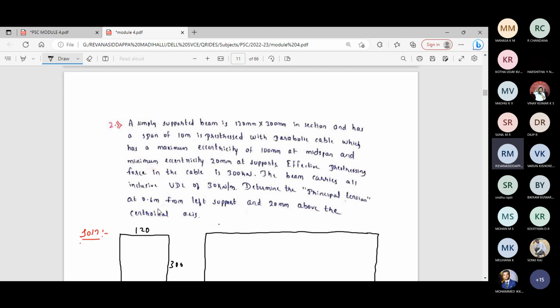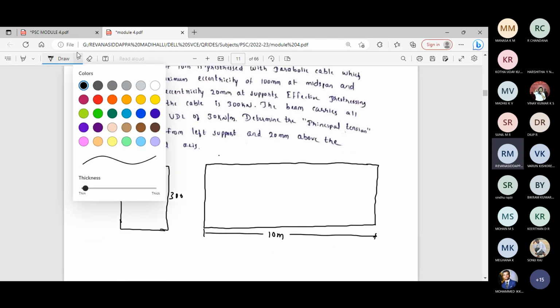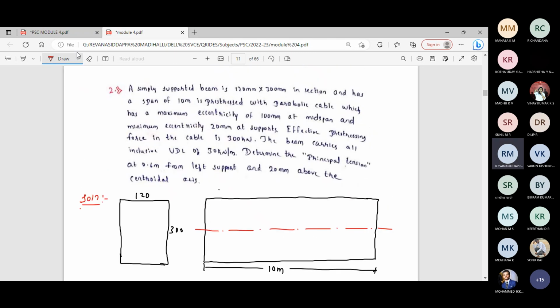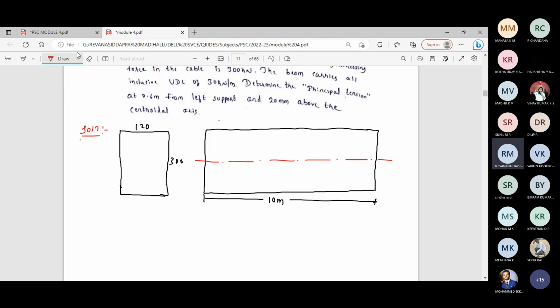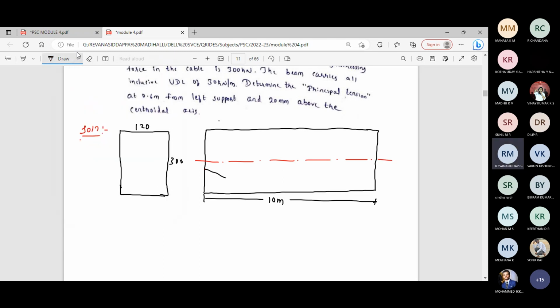It is pre-stressed by a parabolic cable which has a maximum eccentricity of 100 mm at midspan and minimum eccentricity of 20 mm at the supports. First write the neutral axis. At support 20 mm and at midspan 100 mm, and it's a parabolic cable like this.